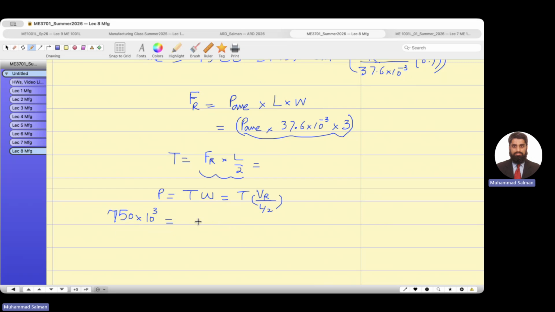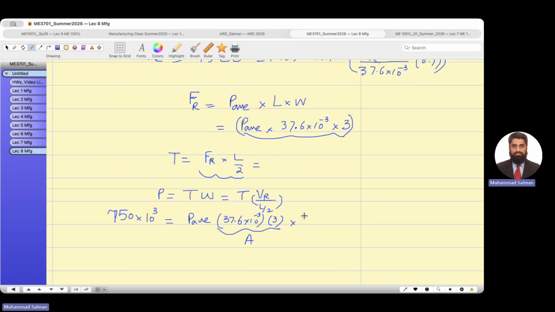So torque equals Fr. Fr equals P average times 37.6 times 10 to the power -3 times 3. This is my area, okay? Area under the roller. And that gives me the force times L by 2.